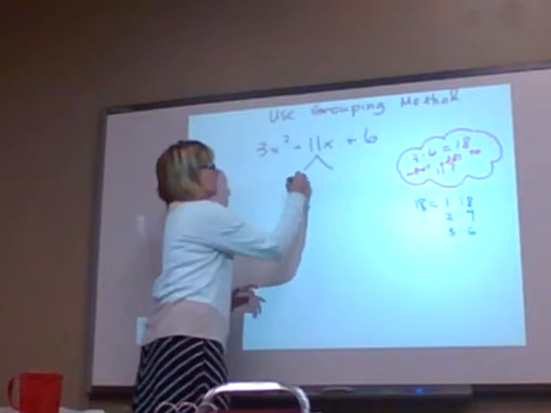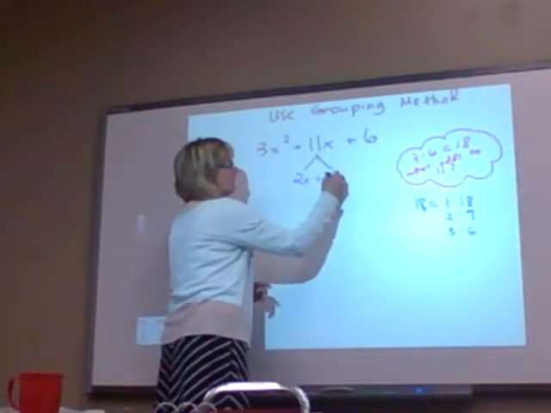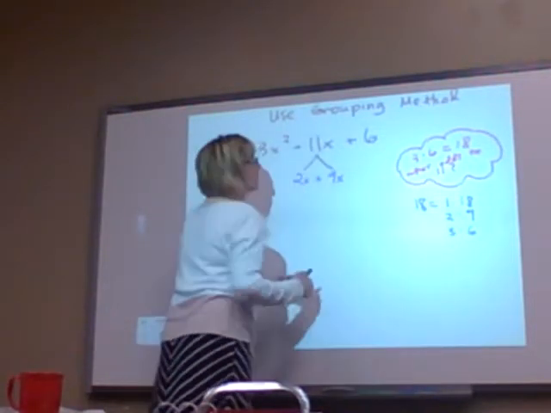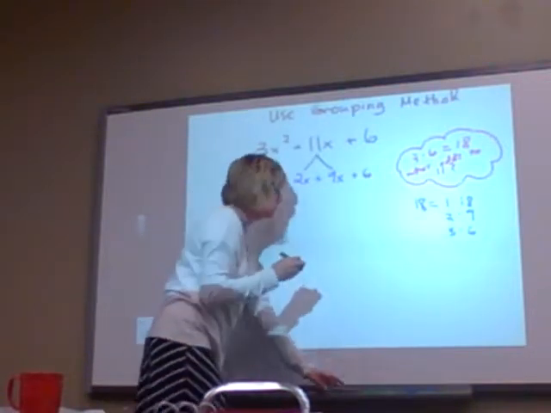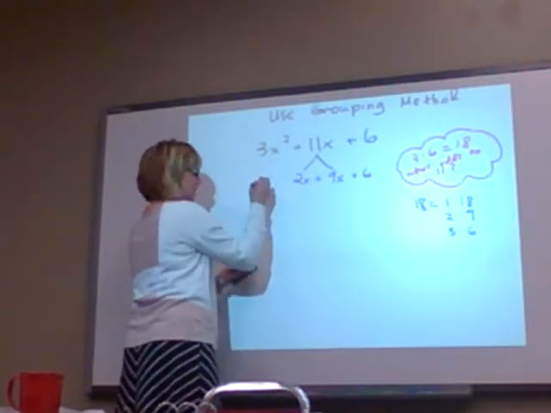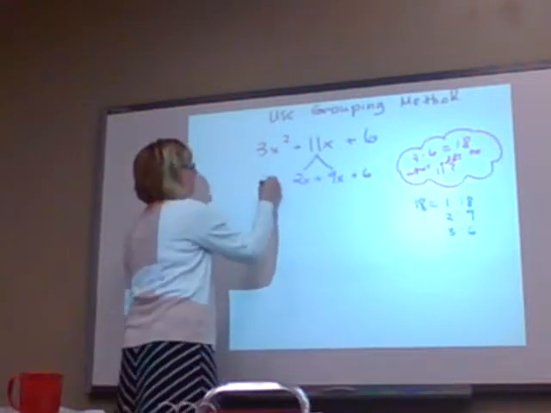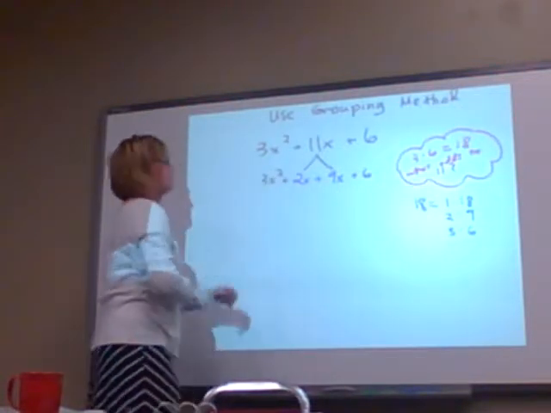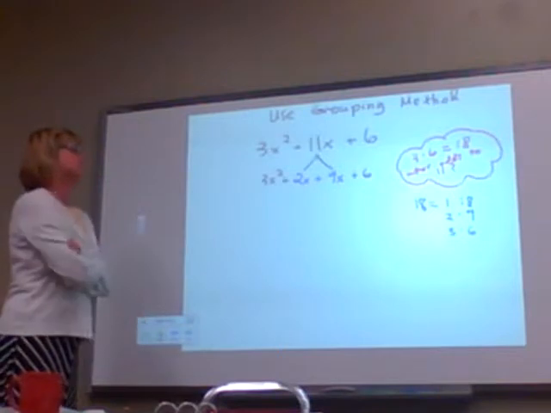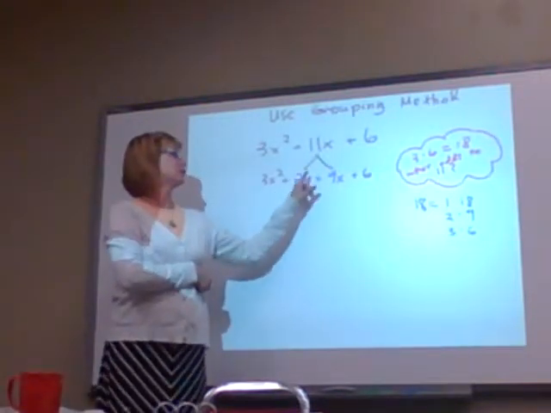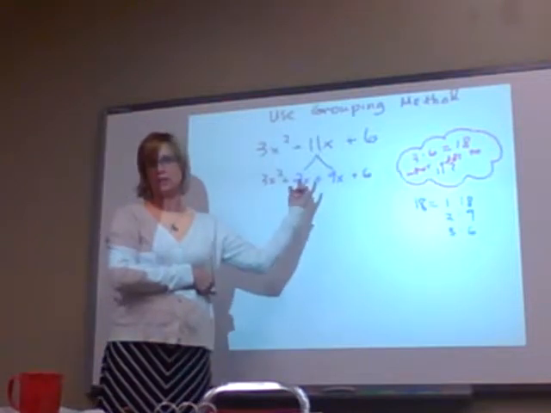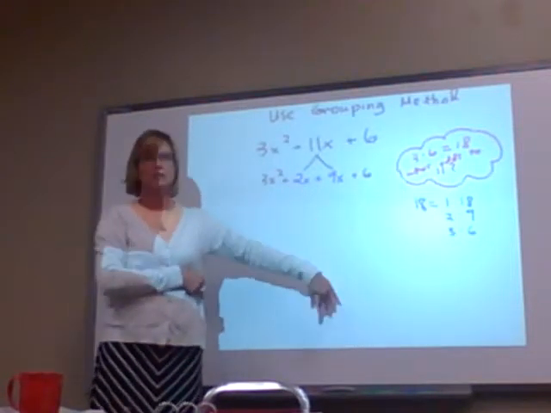So let's break this up as 2x plus 9x. Notice it doesn't matter if I put 2x and then 9 or if I switch it. You get a different in-between step, but you get the same final answer.